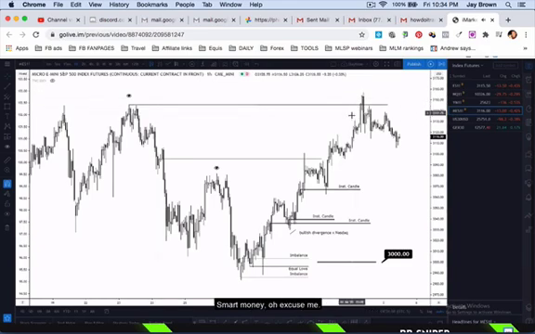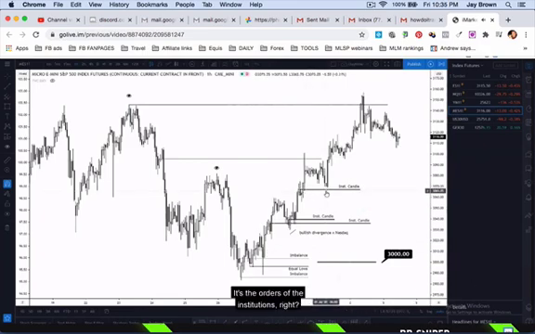Dumb money is buying this, and smart money is releasing their orders to dumb money. And then boom, the market falls off. So this is the flow of the market right in here. This is, in my opinion, institutional order flow.